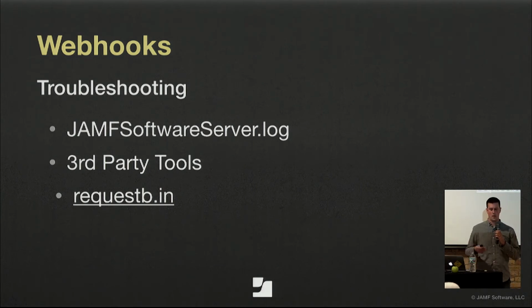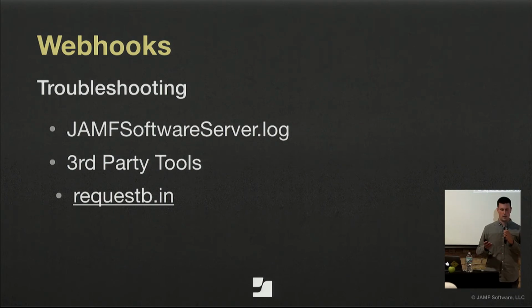You click a button, and it gives you a URL that you can send webhooks to. Then you configure the JSS or any other system that sends webhooks to send to that URL, and RequestBin will show you exactly what it received: the body, the header, things like that, which is pretty useful sometimes to figure out exactly what's getting sent.